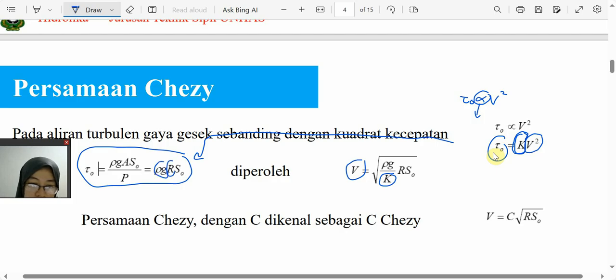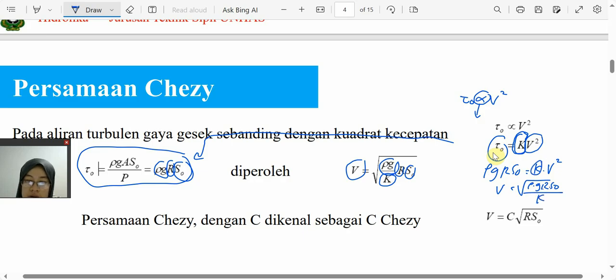Rho g times R times So is equal to some coefficient times v square. So when we calculate, V is equal to the root of rho g R So over K.